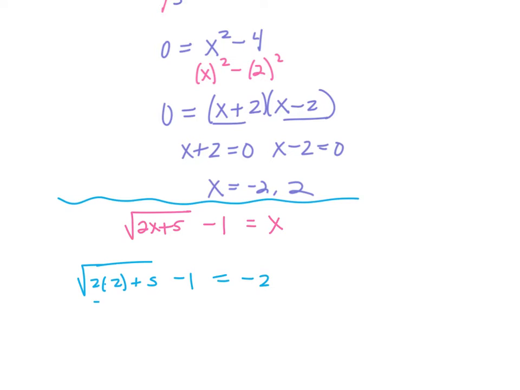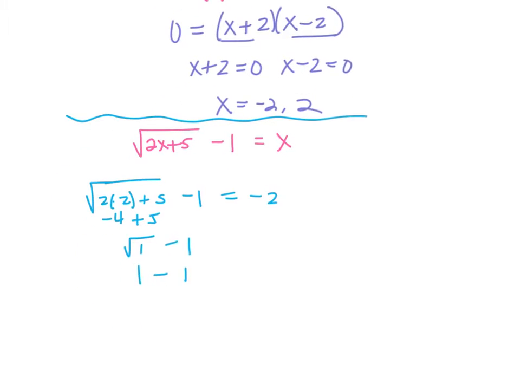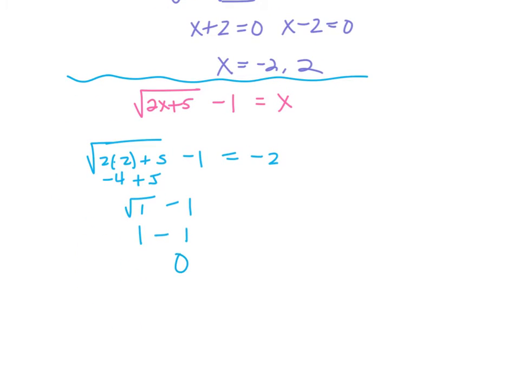Well, 2 times negative 2 is negative 4 plus 5. Negative 4 plus 5 is 1. Square root of 1 minus 1, which is 1 minus 1. We have 0 equals negative 2. So that did not work out.